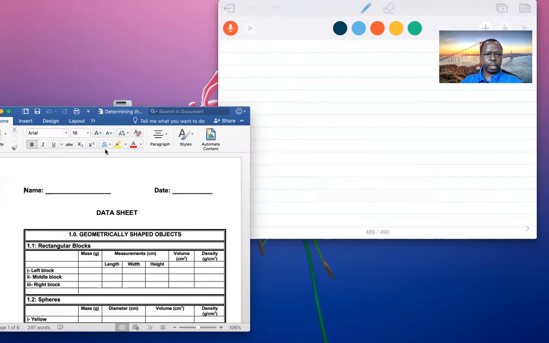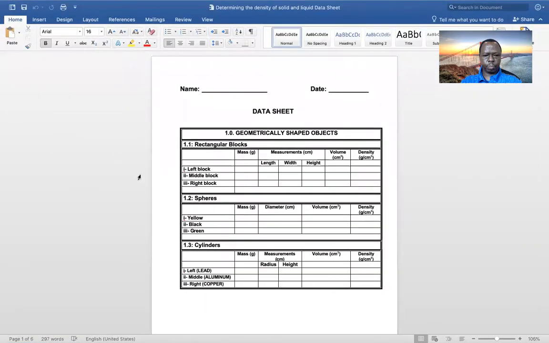There are 3 substances or objects. You will determine their density. Geometrically shaped objects. There are the pennies, there are the spheres, all right, the cylinders, spheres, and you'll also have unknown liquids.